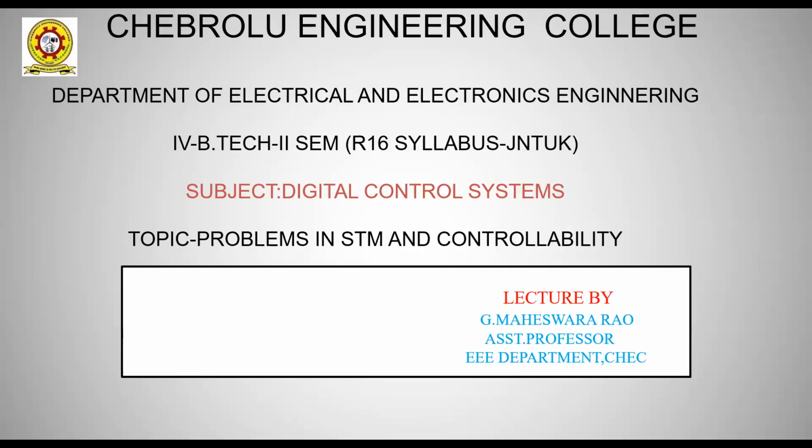Good morning to everyone. So today we are discussing the very important problems in state transition matrix and the controllability and the observability. Okay, so last class we discussed the different methods to solve the state transition matrix, the properties of the state transition matrix, and the problems to solve controllability and observability.